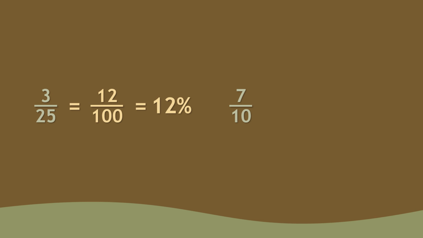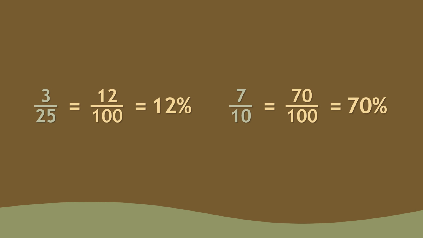Okay, 7 over 10, we are going to do the same thing. Very quickly, we should know that we can multiply 10 by 10 in order to get 100. So that means we're going to multiply 7 by 10 to get 70. And 70 over 100 equals 70%.